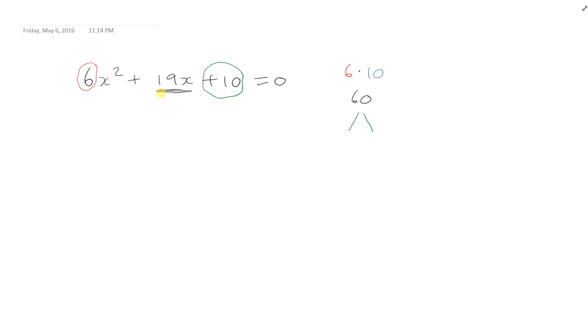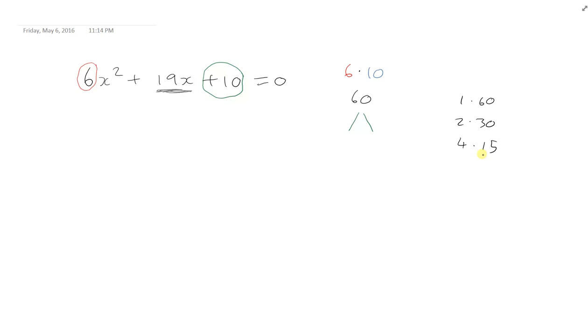Now I may have said that a little fast, but this is what I mean. So what are factors of 60? Something like 1 multiplied by 60, 2 multiplied by 30, 4 multiplied by 15, and so on.